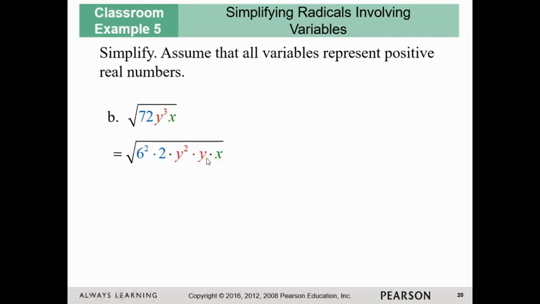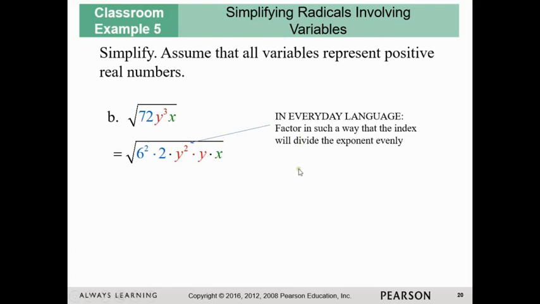As I said in everyday language, factor in such a way the index will divide the exponent evenly. So we take out the square root of 36, which is 6. We take out the square root of y squared. The 2 and the y and the x remain underneath the radical sign.